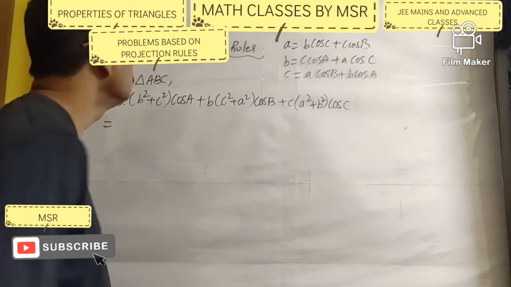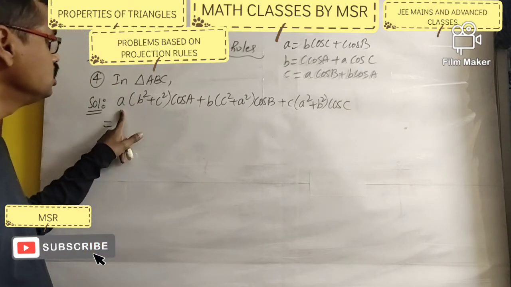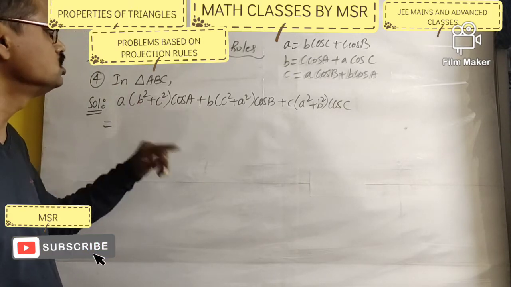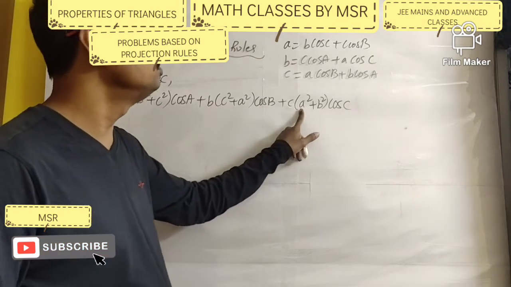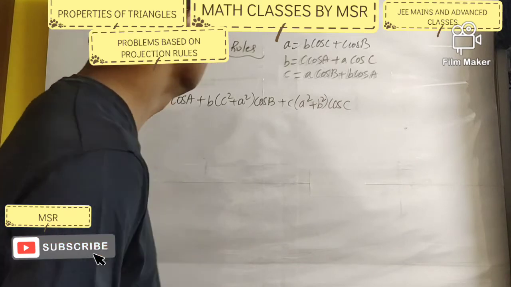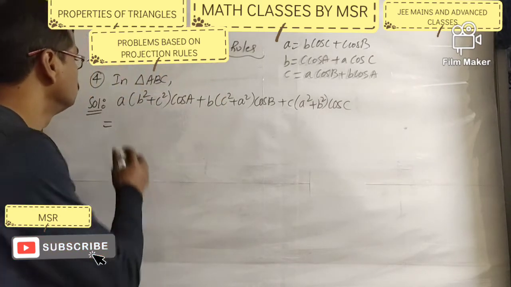Now listen, fourth problem on projection rule. In triangle ABC, a times of (b square plus c square) into cos A, plus b of (c square plus a square) into cos B, plus c of (a square plus b square) into cos C. This value we have to calculate. First of all, remove the brackets.